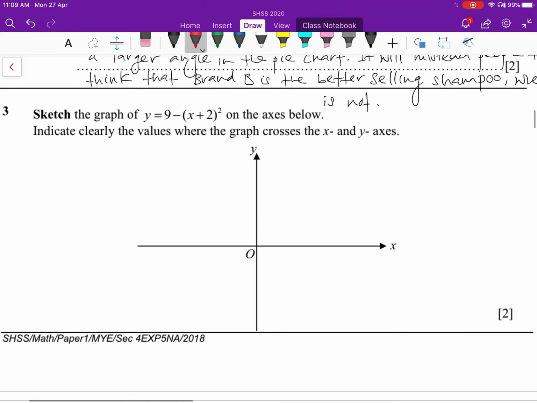Sketch the graph of y equals 9 minus bracket x plus 2 square on the axis below. Now, when we see something like this, y equals 9 minus bracket x plus 2 square, we must rearrange the equation to get y equals minus bracket x plus 2 square plus 9.